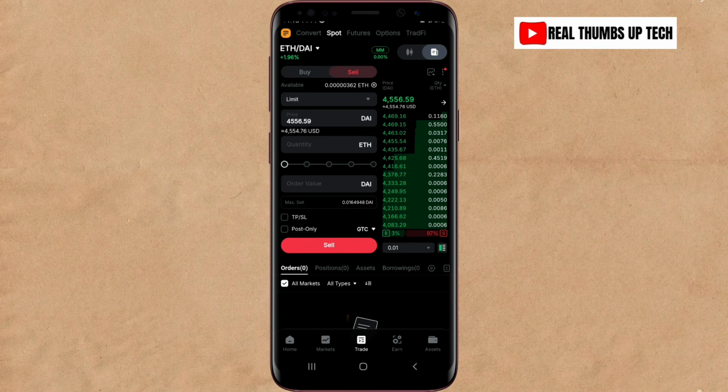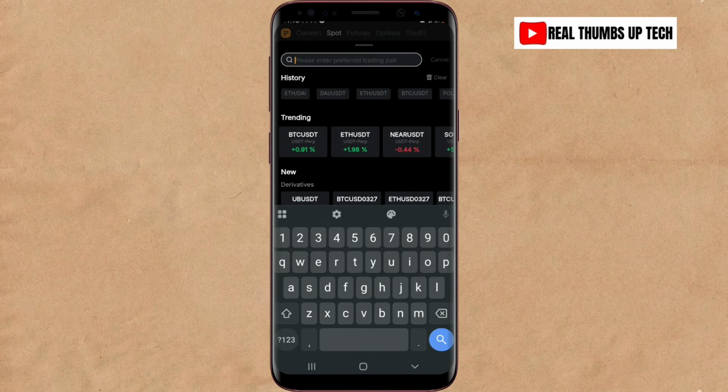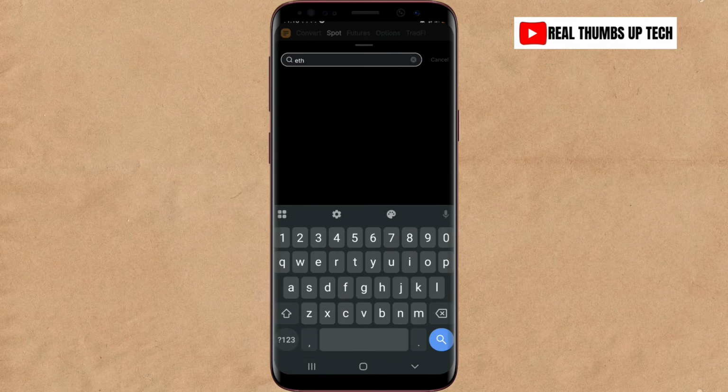And the question is, how will you know the rate that is lower and the higher one, so that you will know where to buy and where to sell without having to perform all those demo trades to determine that? Okay, the simple way, or let me say the fastest way you can know that, is when you go over here, you can just type in Ethereum USDT or just Ethereum.